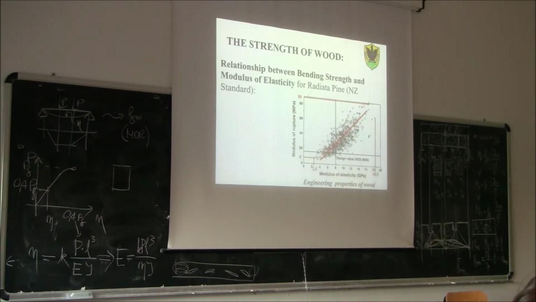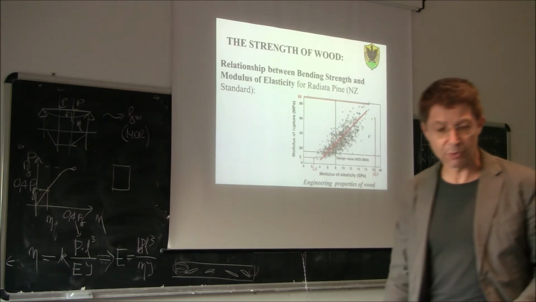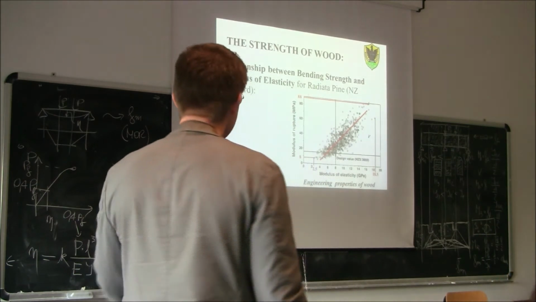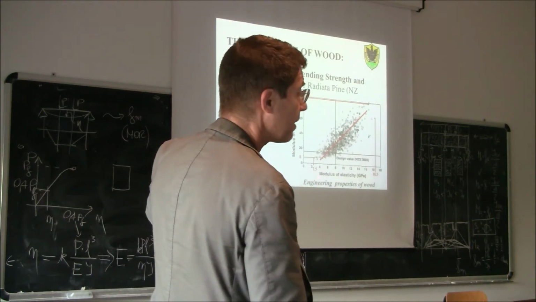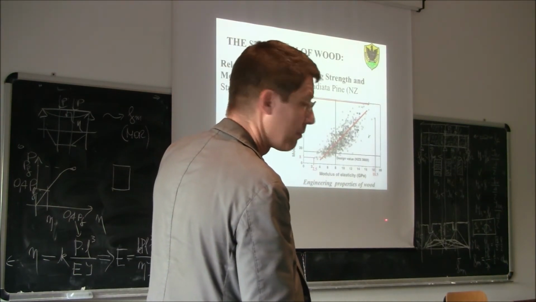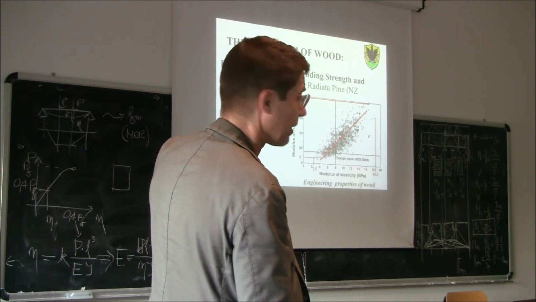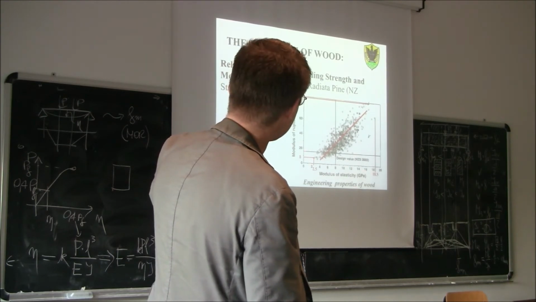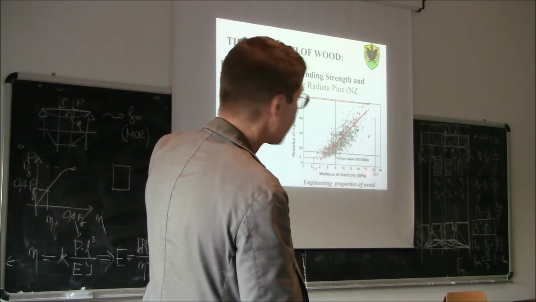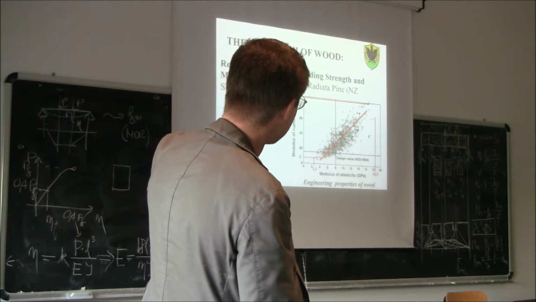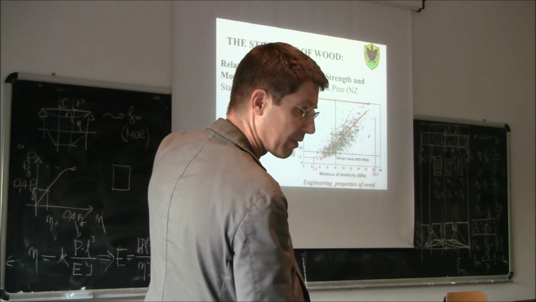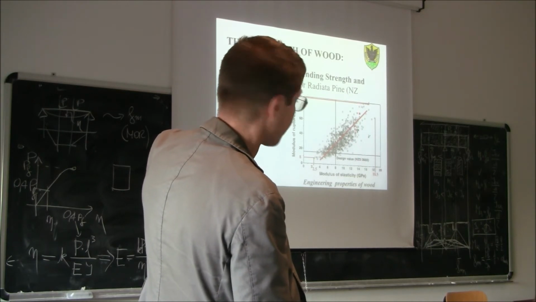So now, another important thing that is the basic of a kind of method to grade the wood, grade the timber, is that, as you can see, there is some correlation between the modulus of elasticity and the modulus of rupture. There is a general trend. So as soon as the modulus of elasticity increases, also the modulus of rupture increases.